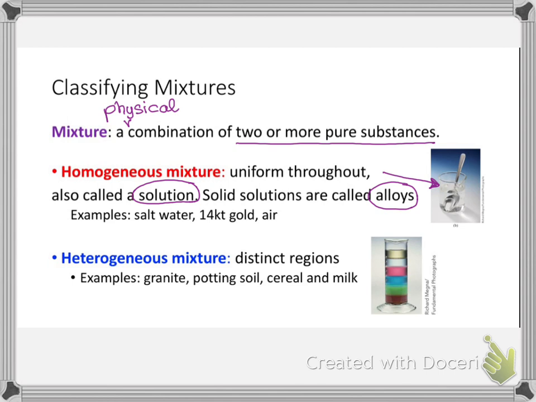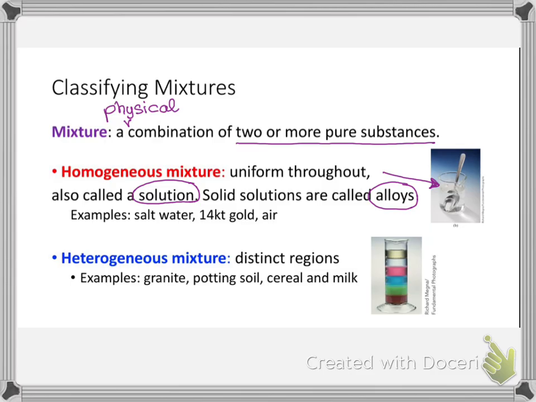Some examples of homogeneous mixtures are salt water, 14 karat gold. Pure gold is very soft, so they add some other metals to give it a little more strength without losing the prettiness that gold has. And then air, which is gases that are mixed uniformly: oxygen, nitrogen, argon. There's some other gases in air.